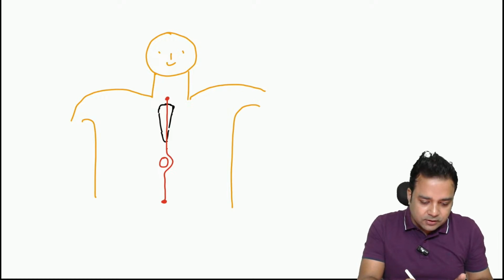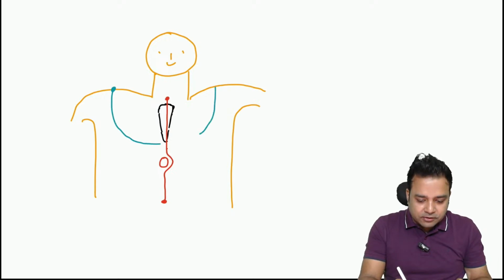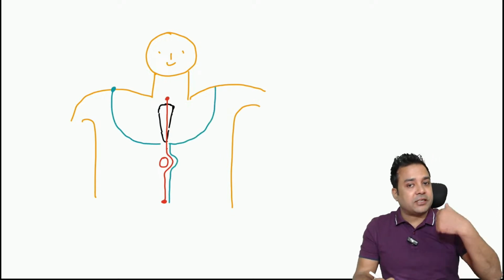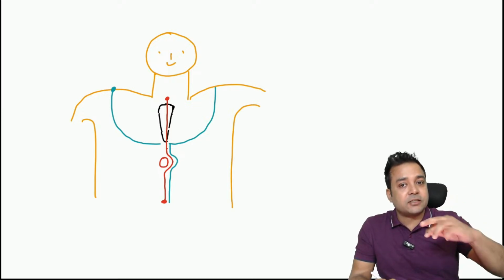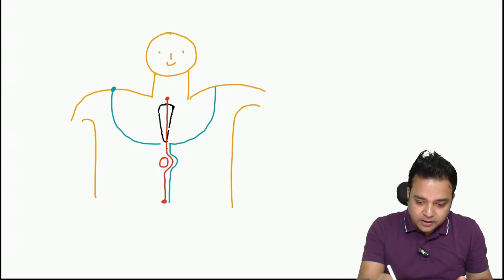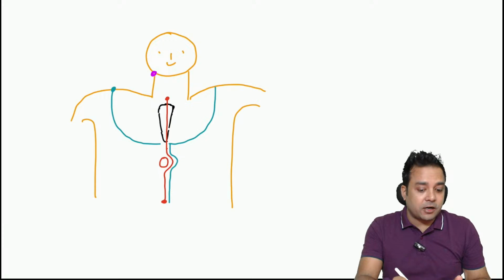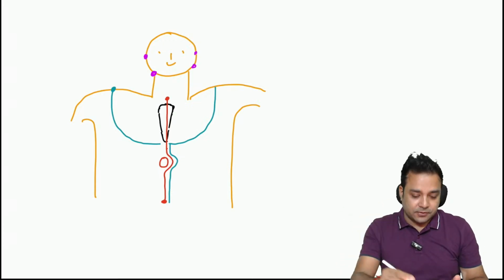Then comes the Y-shape, where we go inframammary starting from the shoulder tip. We reach till the xiphoid and then we go vertically till the pubis symphysis. This is the Y-shape, mainly preferred in female deaths outside India, where the cosmetic integrity of the dead body is maintained. Then comes the modified Y, where we start from the angle of the mandible or from the mastoid, depending on the case presentation.